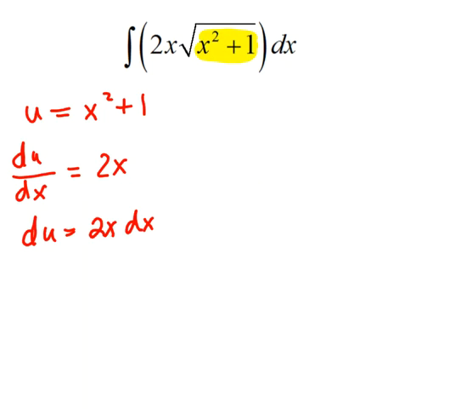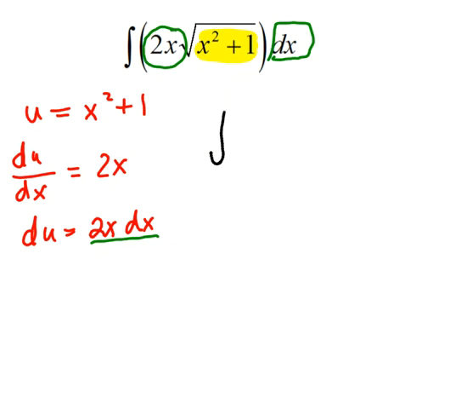Now notice here in my original problem that I have a dx, and I also have 2x in the front, just like I have 2x dx here. So what I'm going to do is rewrite this integral.